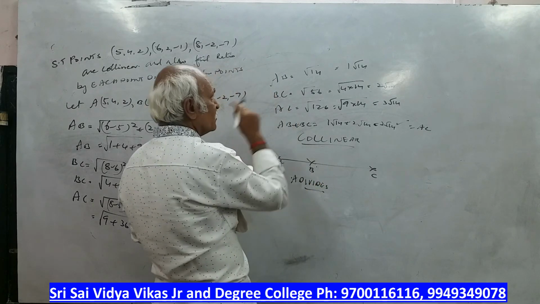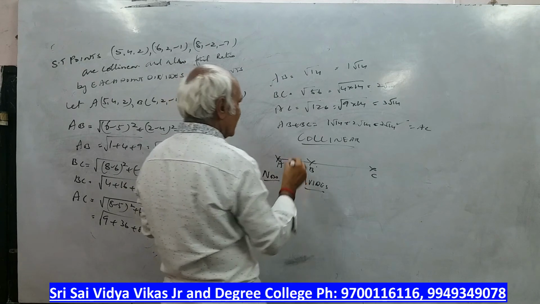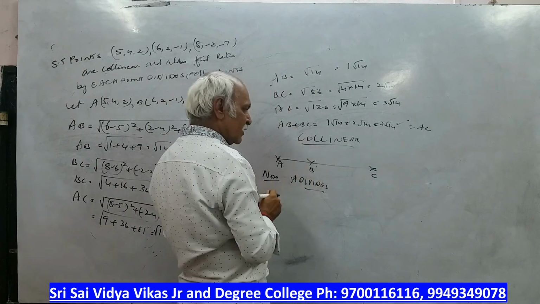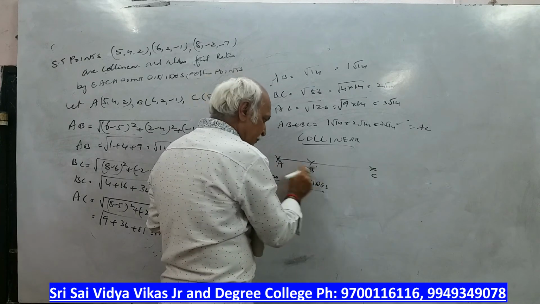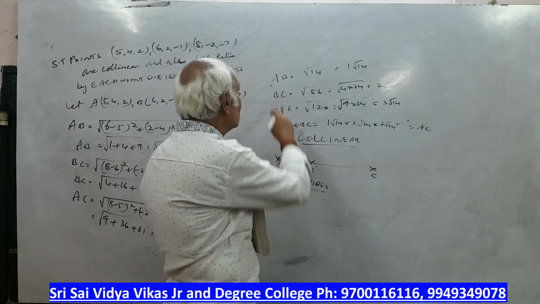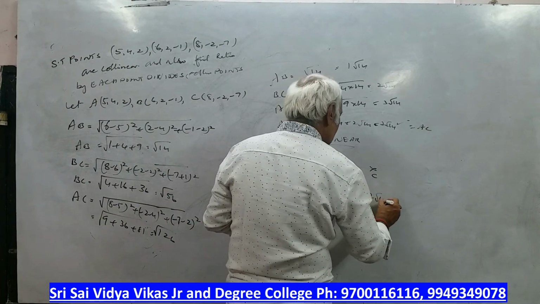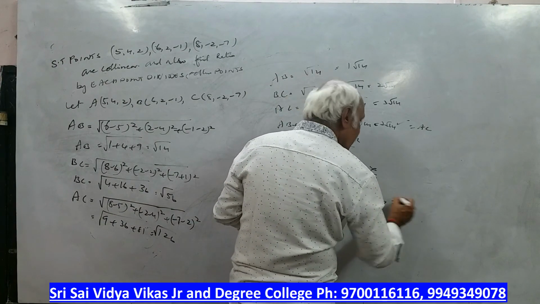A divides means you have to consider BC and AB. So root 14 is to 2 root 14, which is nothing but 1 is to 2.